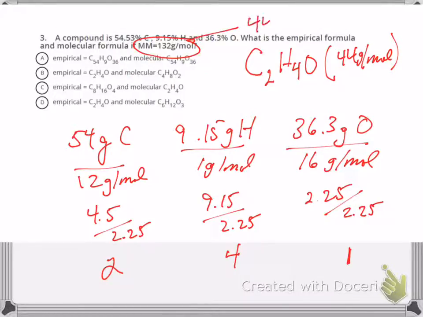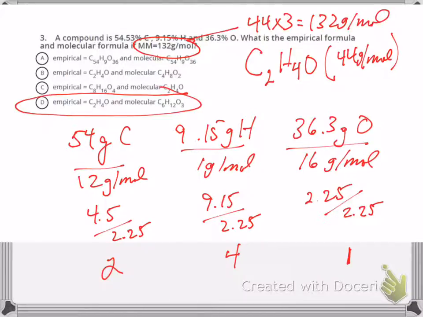That's 3 times our empirical formula, so we have to multiply each of the coefficients of the atoms by 3 to get the molecular formula, which would be D. So again, this calculation isn't so important per se, but you should understand the connection between empirical and molecular formulas, and that all of the units are done with mole ratios and atom ratios.